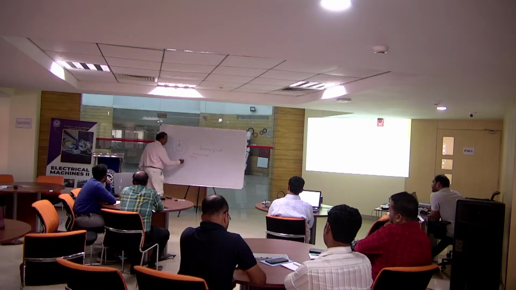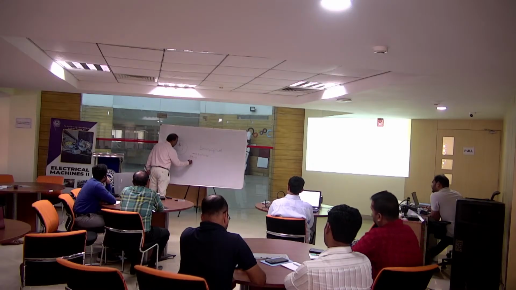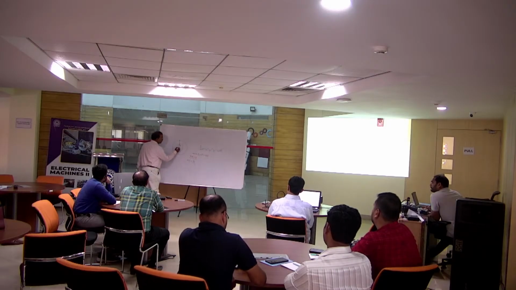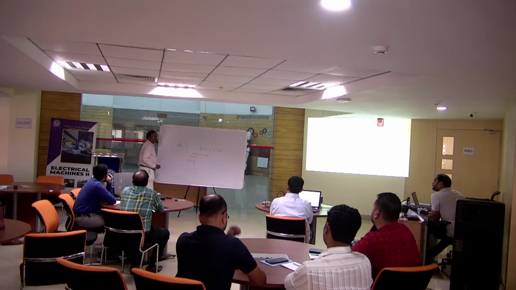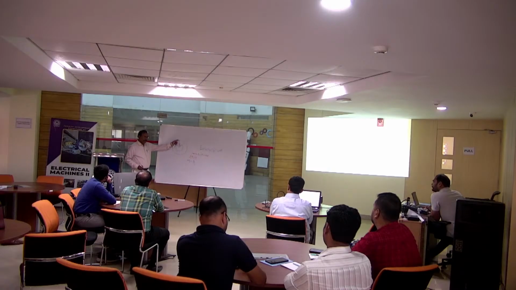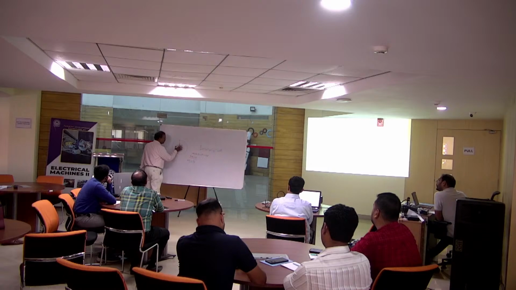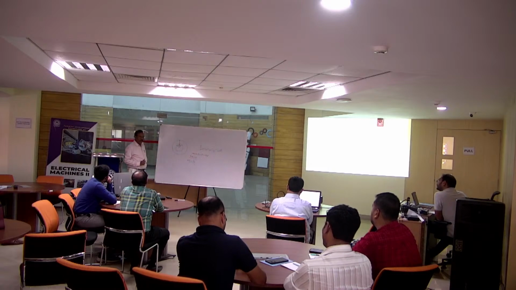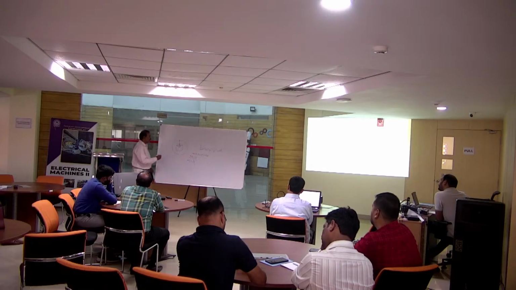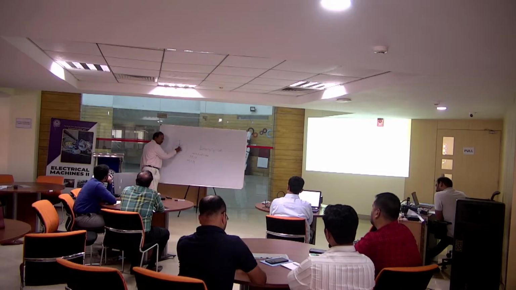So at time omega t1 equal to theta 1, the two fields which were in the same direction at time t equal to 0 are now in opposite directions. What is the resultant of these two? Their horizontal components will cancel. Only the vertical component remains, along the same axis, but it has reduced.